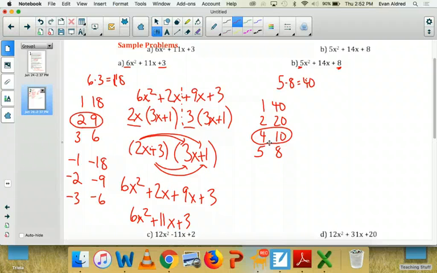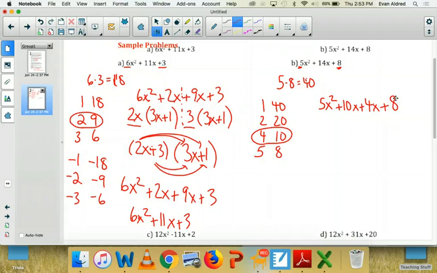So we need to decide if we pair the 5x squared with 4 or the 5x squared with 10. Well, 5 and 10 go nicely together. So that's what we're going to do. We're going to write our 10 first this time. So 5x squared plus 10x plus 4x plus 8.